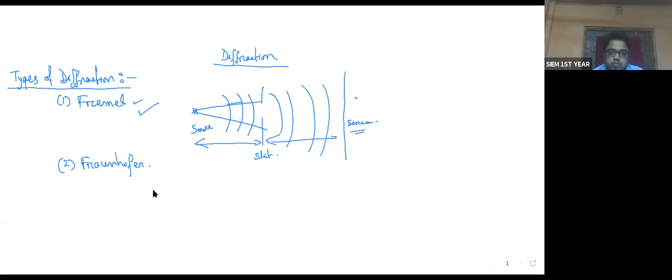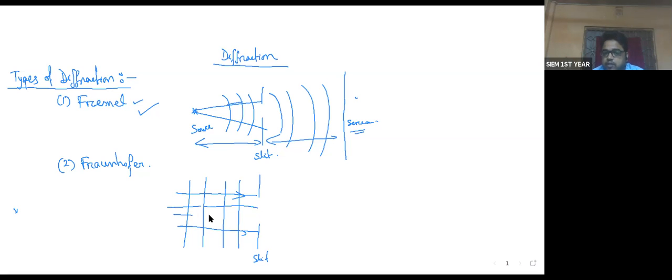And in case of Fraunhofer diffraction, you have a slit, but source and screen are at infinite distances. What will happen? Source and screen are at very far distances. Very far means that the incident light, or you can say the incident wavefront, is a plane wavefront.